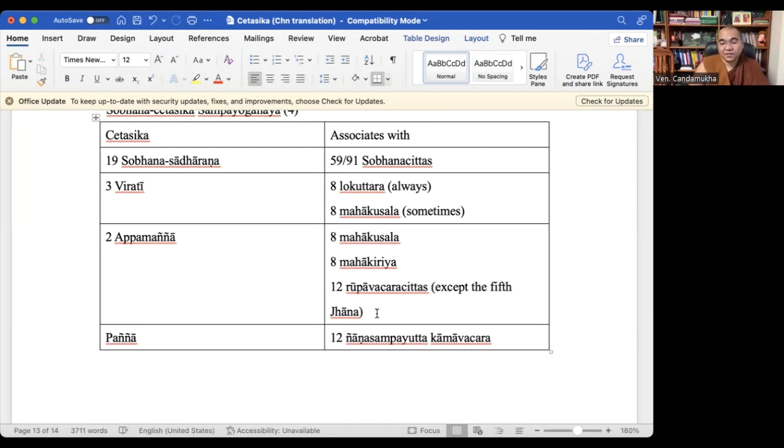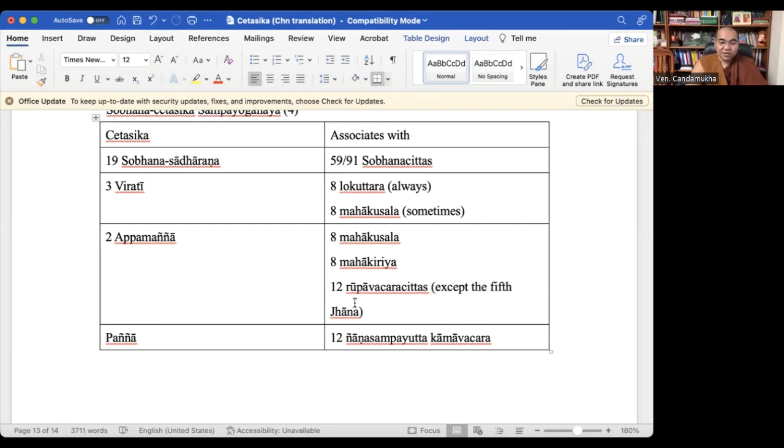So from the 1st jhana to the 4th jhana, 3 each. Only in those Citta do the Appamanna Cetasika associate. In the other remaining Citta, they do not associate. That is one Sampayoga method.